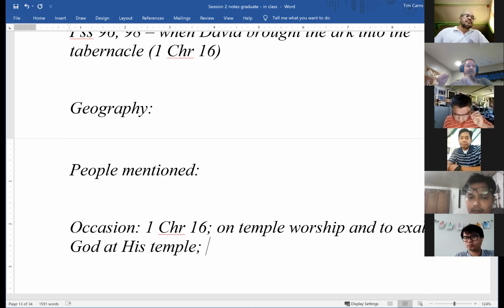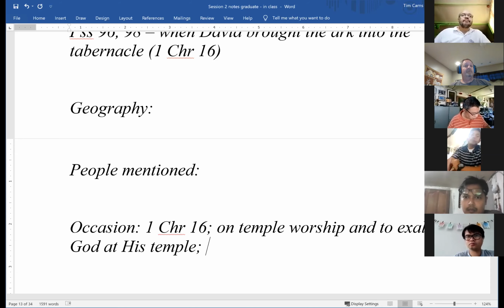Wouldn't it? As they're carrying the ark up into the temple, they would see the cherubim on the top, they would see the mercy seat, and knowing historically that the Lord would reveal himself and his glory above that mercy seat over the cherubim, I think gives us a very likely picture of the occasion for this psalm, either being written right at that time when the ark was brought, or maybe immediately following that.